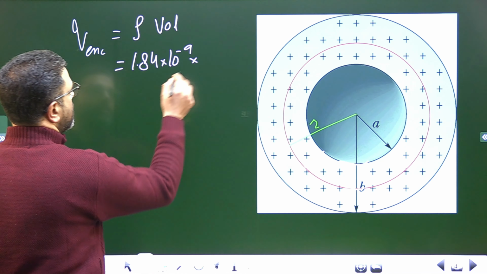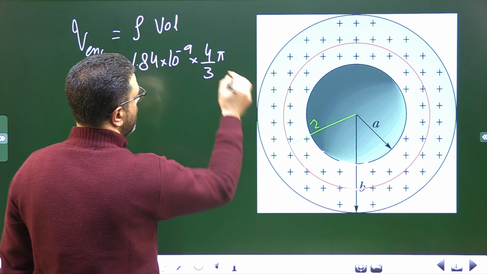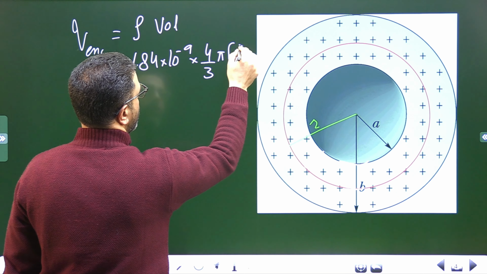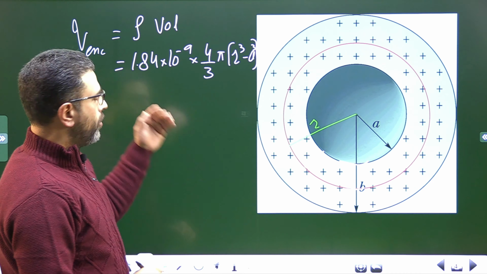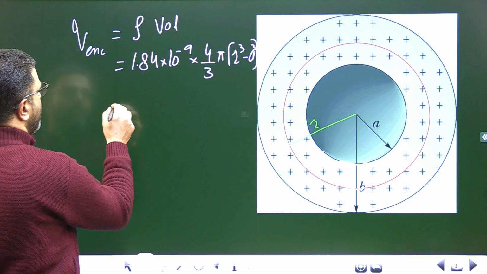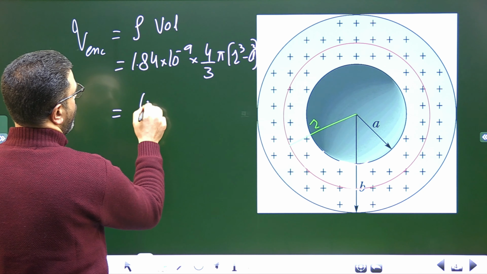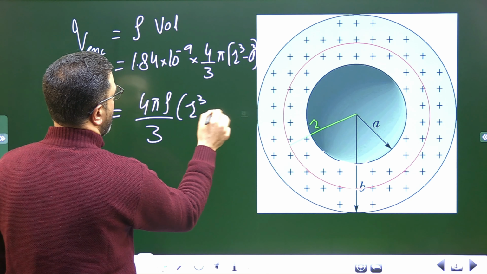So, 4 by 3 pi, outer radius r cube minus inner radius a cube. We can keep rho for a while, then we'll substitute the values. So, this is 4 pi rho divided by 3, times r cube minus a cube.